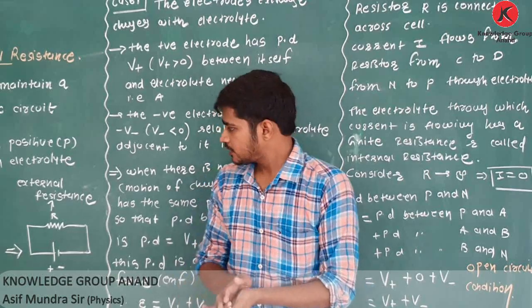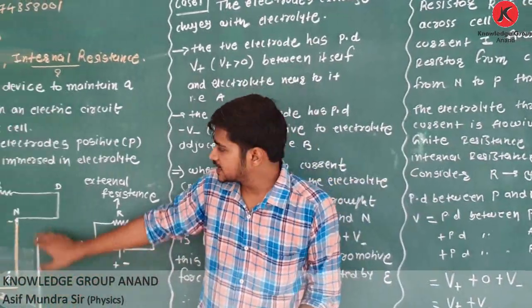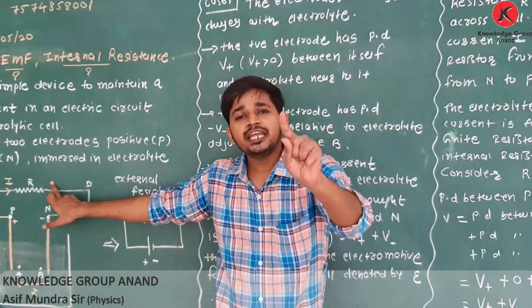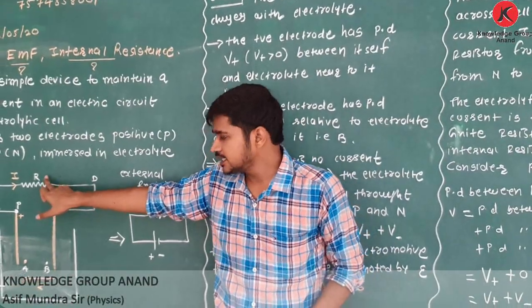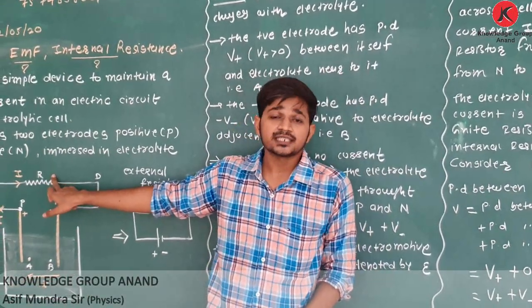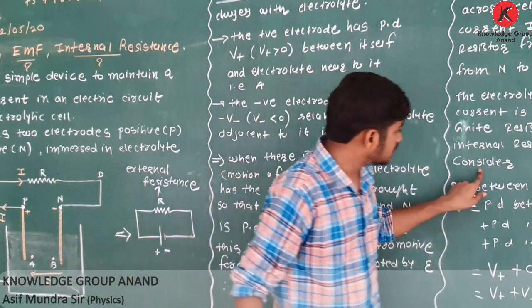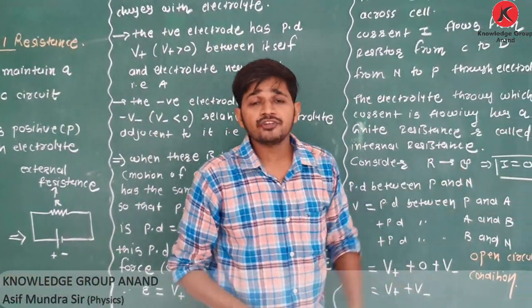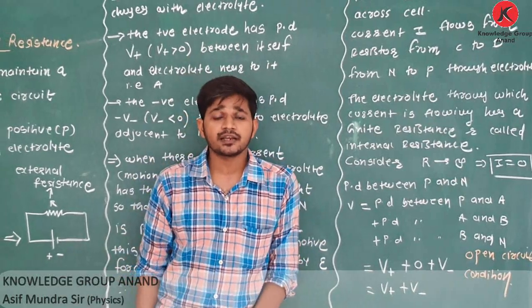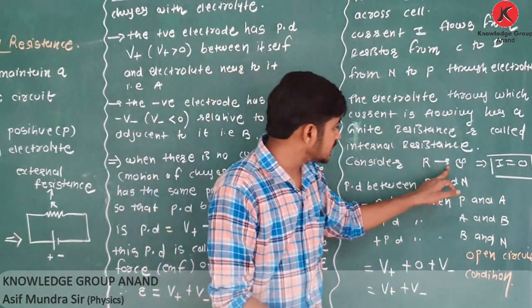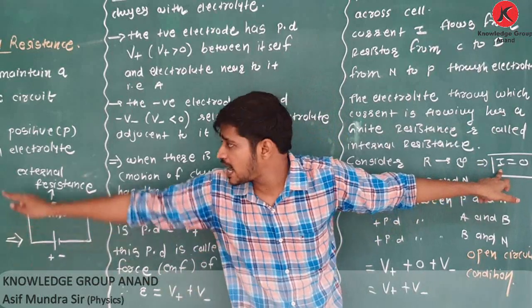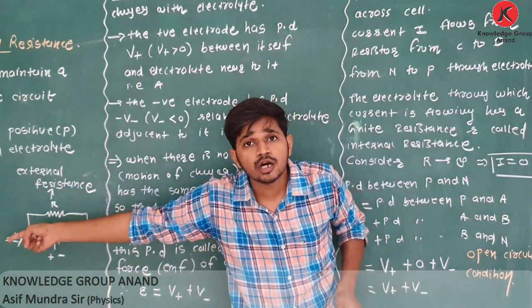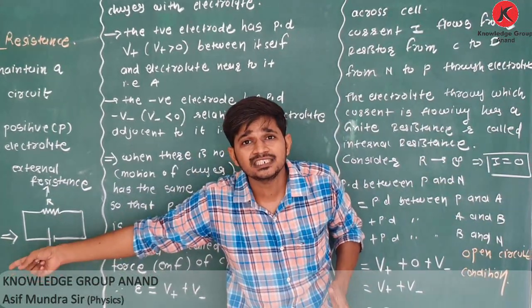Now see, this cell is connected with this external resistance. If I say this external resistance R is infinite, what is the relation between current and resistance? Inverse. So if resistance is infinite, current flowing through R is equal to 0. Also current flowing from the circuit is 0.